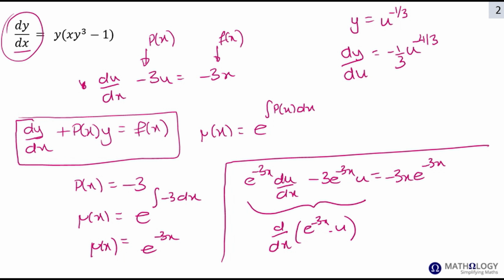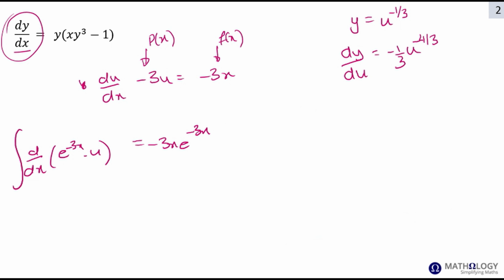this by differentiating this product e to the minus 3x times u. When you differentiate with respect to x, you'll have minus 3 e to the minus 3x times u, which is this term here. And then with respect to u, you'll have e to the minus 3x times du/dx, which is this term over here. And that equals minus 3x e to the minus 3x.